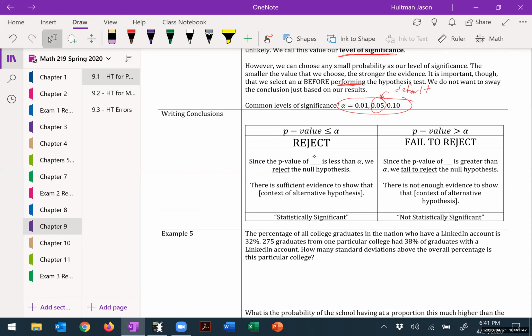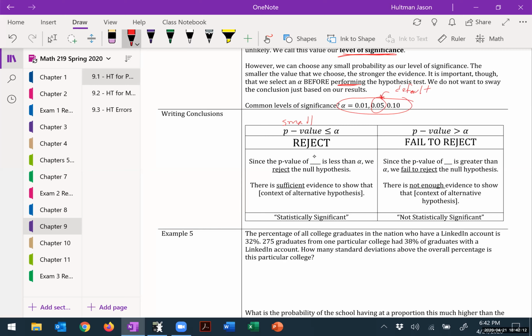Okay, writing conclusions. If we're going to reject, that means the p-value is less than alpha. We get a very small p-value. We write it as: since the p-value of blank is less than alpha, we reject the null hypothesis.